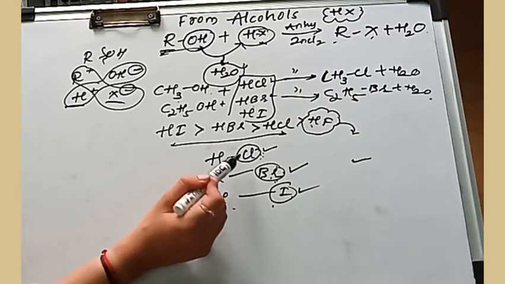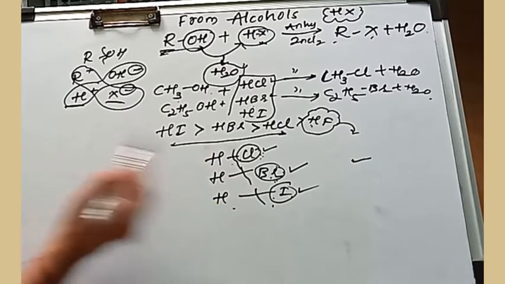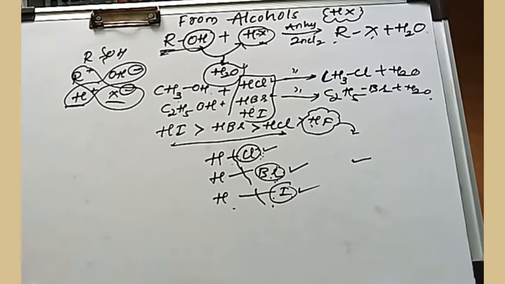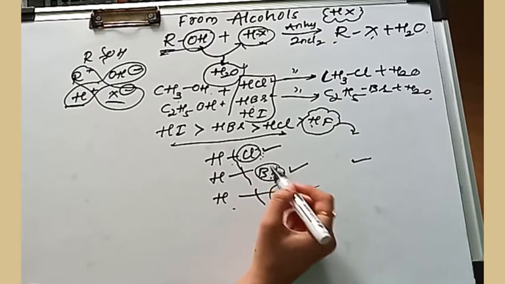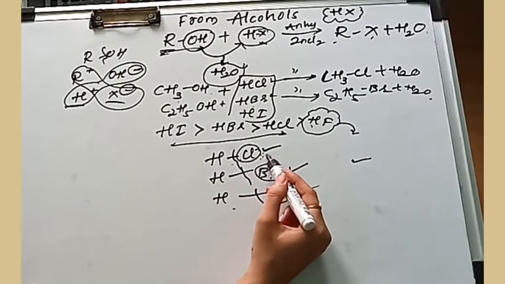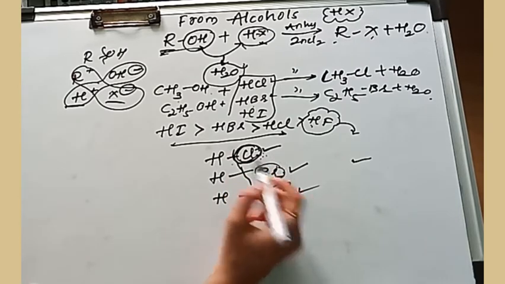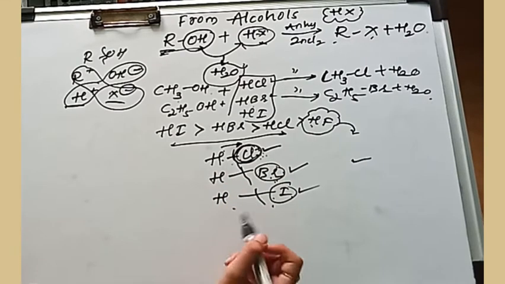That is why how fast or how easily the HX bond will be broken, that much faster the reaction will take place. Here the HCl bond is difficult to break because the electronegativity of Cl is more. As a result, it tries to withdraw the electron towards itself.